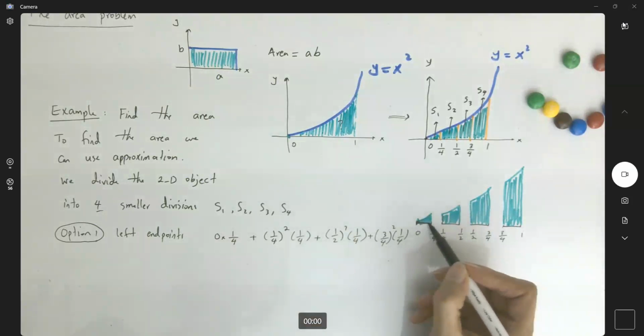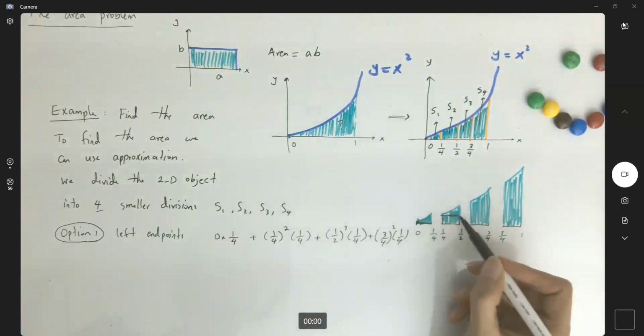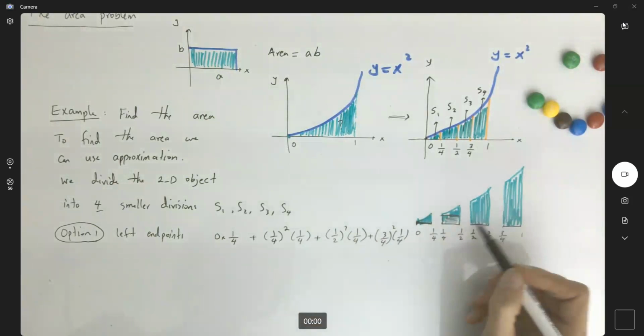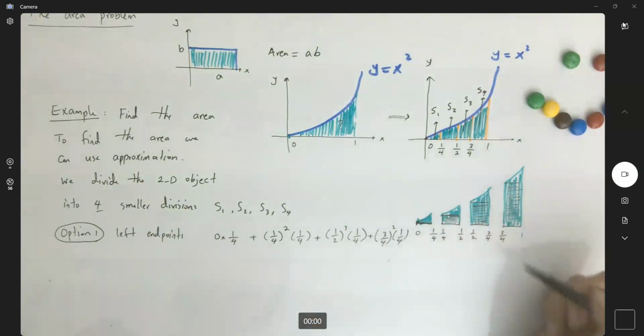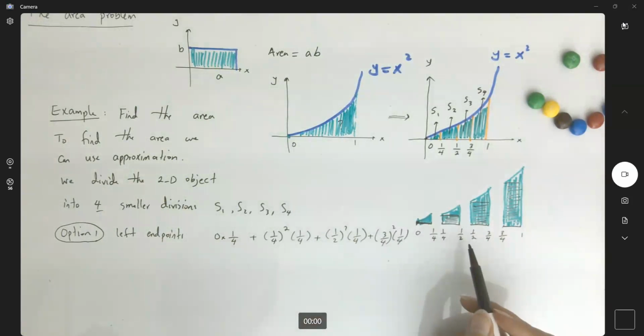So what are we doing? These are all small rectangles, and you're adding them together to have an approximation for the area.